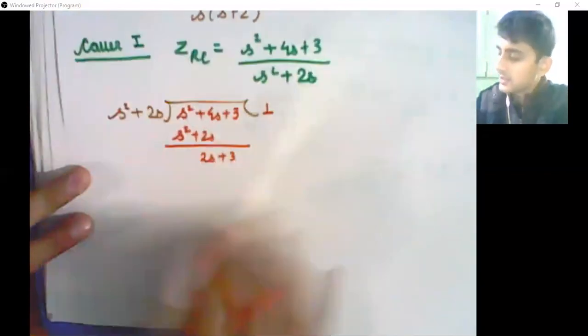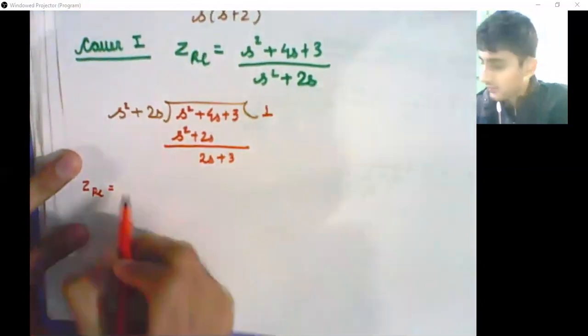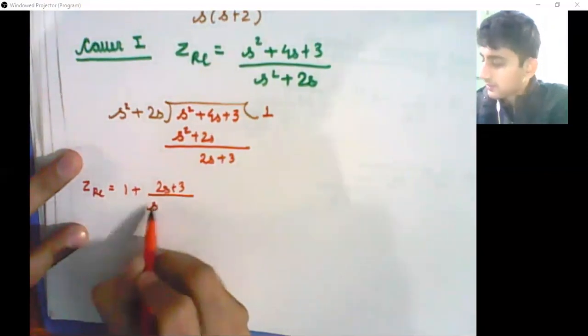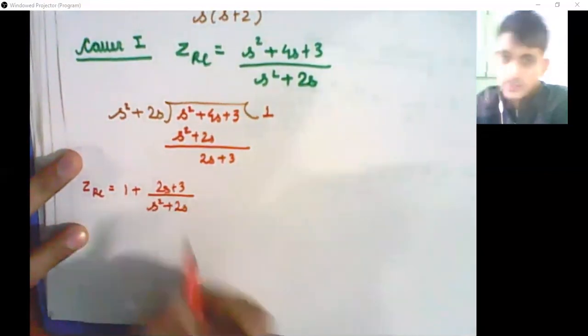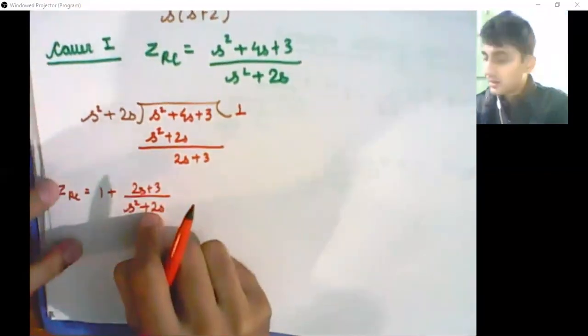So actually you have written your ZRC in this form: 1 plus (2s plus 3) upon (s square plus 2s). Now you can continuously try dividing this.